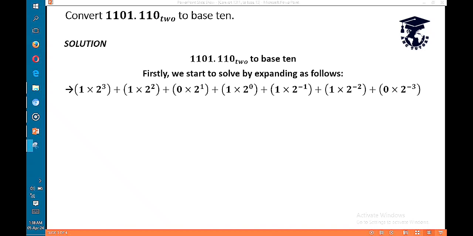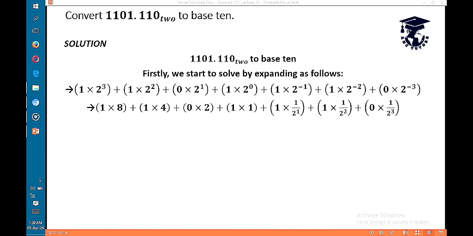If you look at this string, the powers are like numbers on a number line, with the negative numbers, the positive numbers, and 0 in the middle. So we first introduce the power of 0 on the digit just before the decimal point, and we spread our powers towards the left and towards the right. So we go on to simplify as follows.